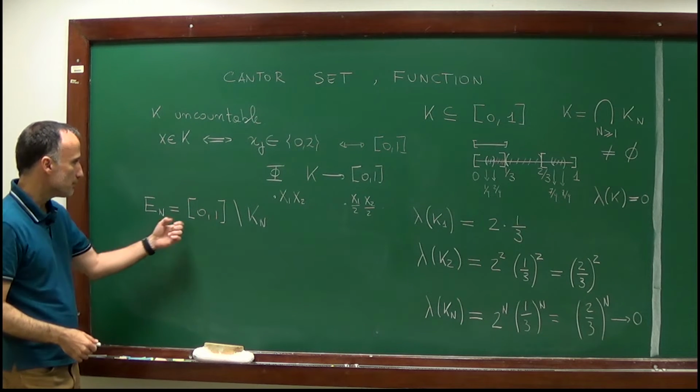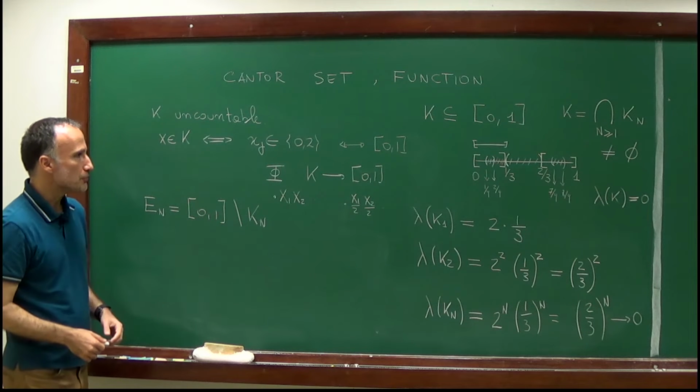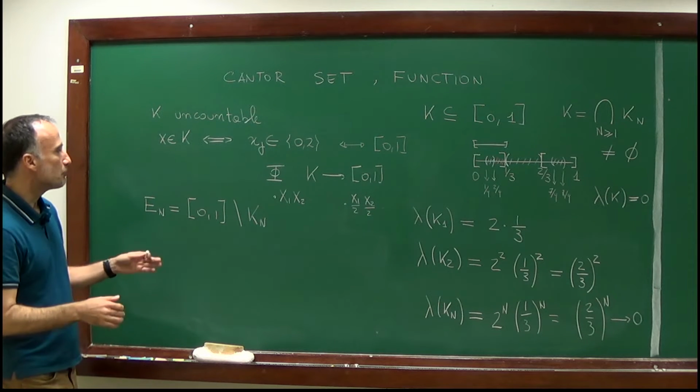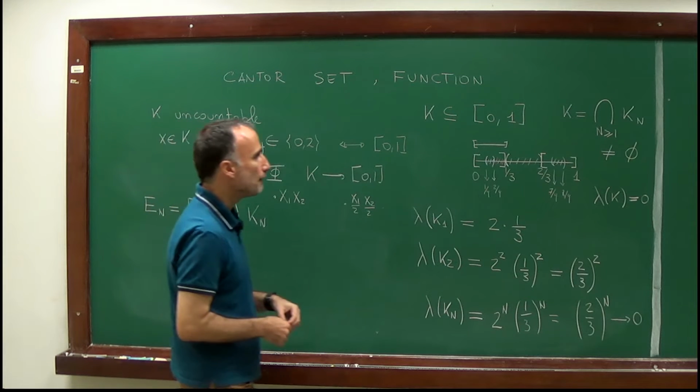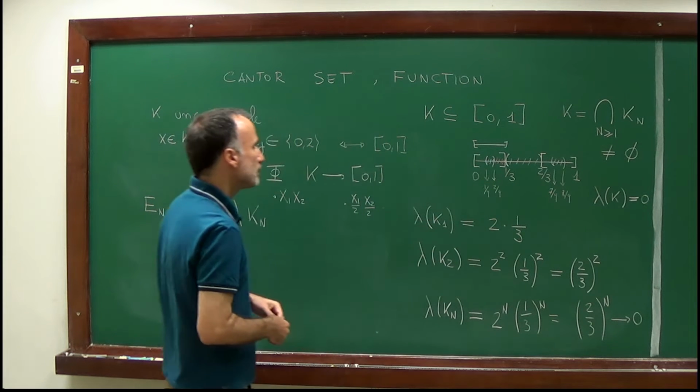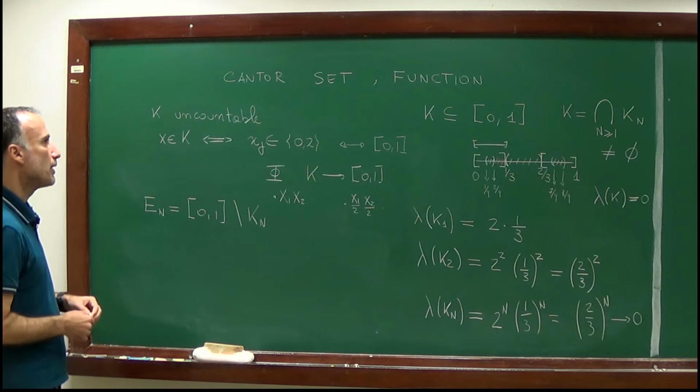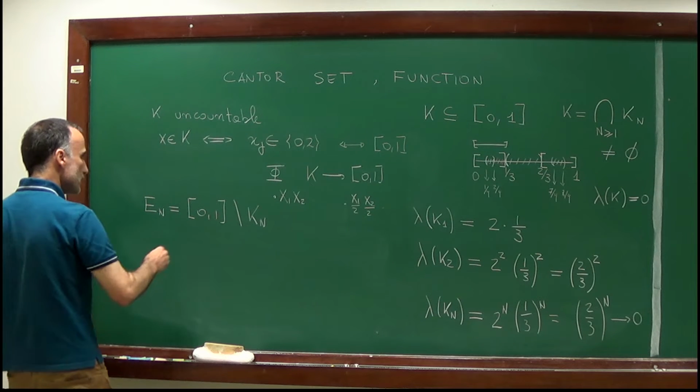In general, En is the interval [0,1] minus Kn, and this will appear later on when I define the function I want to define. So let's just observe.